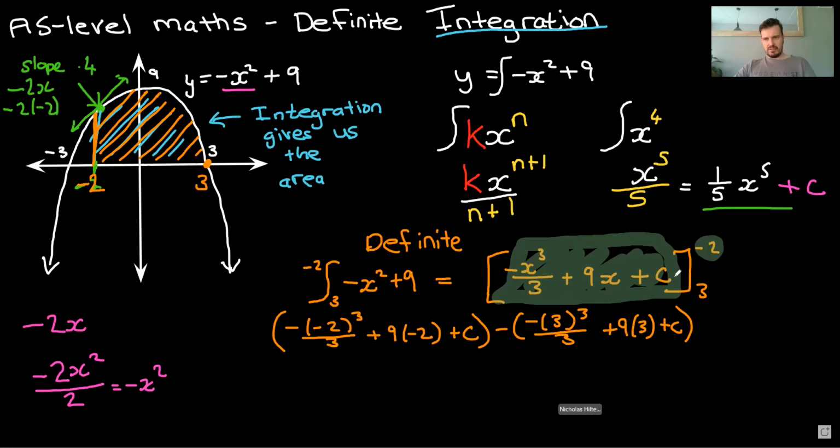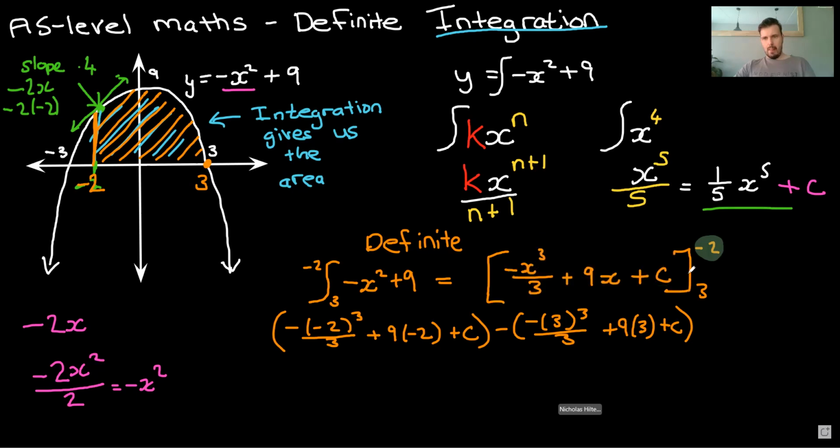But because I have defined numbers to substitute for x, I put the -2 in on one, so everywhere I saw an x, I put in a -2. Anywhere I have an x, I'll then put in a 3. It's the same function, but one is with -2, one is with 3. I'm simply going to subtract them from each other.